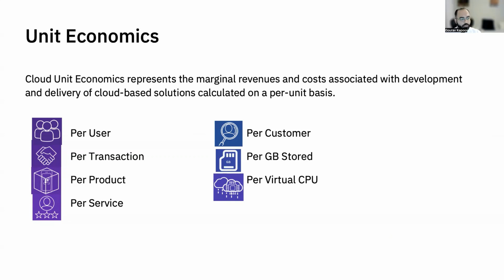These are called per user, and some organizations do that. Some organizations rely on per transaction as a unit, right? So they understand their business model if they're offering their product or subscription or service by the number of transactions. Some are by product, right? Some are by service, right? Or some could be by customer, right? They just want to understand how much it costs us to produce this particular product or a service for a particular customer, right?